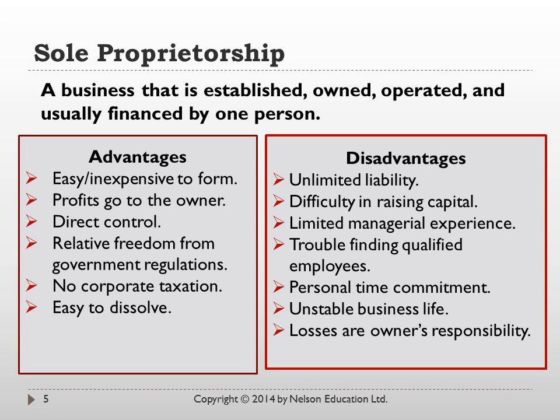So the sole proprietorship is very easy and inexpensive to form in Manitoba. And one of the advantages of a sole proprietorship is that all of the profits that are generated in the business go into the owner's pocket. So he has complete control over the company.